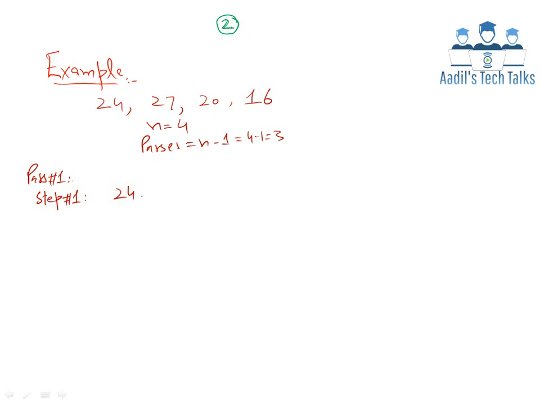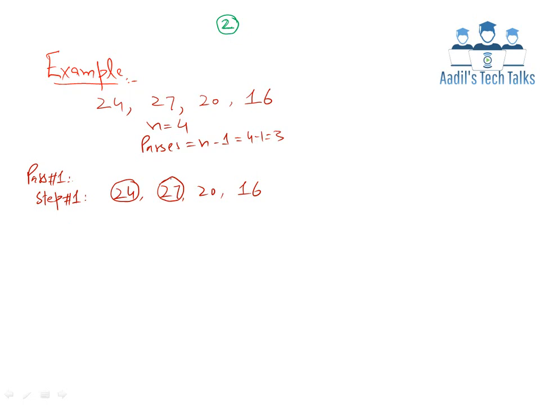24, 27, 20 and 16. Step number 1, so select element number 1, and the selected element will be compared with its next element. The next element is element number 2, which is 27.